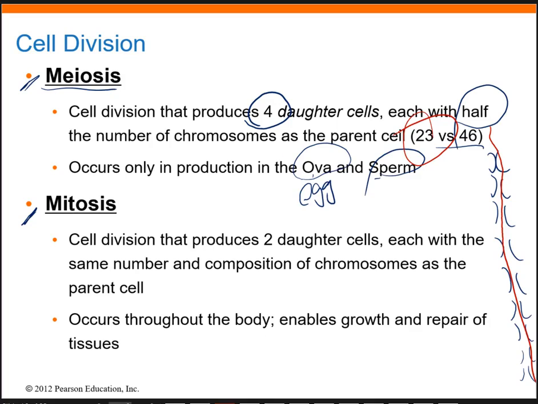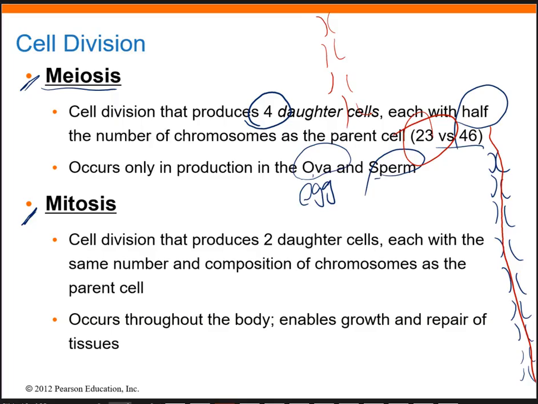So the egg is going to bring 1 of each of the chromosomes, and the sperm is going to bring 1 of each of the chromosomes, and when they fuse together, they make a full set. So that's why you get half of your genes from your mom, half of your genes from your dad. They come together, and then all of the new cells that come from that are the new being.